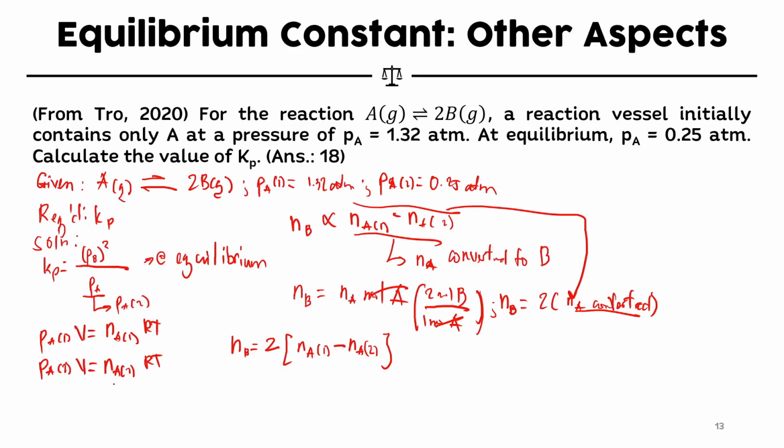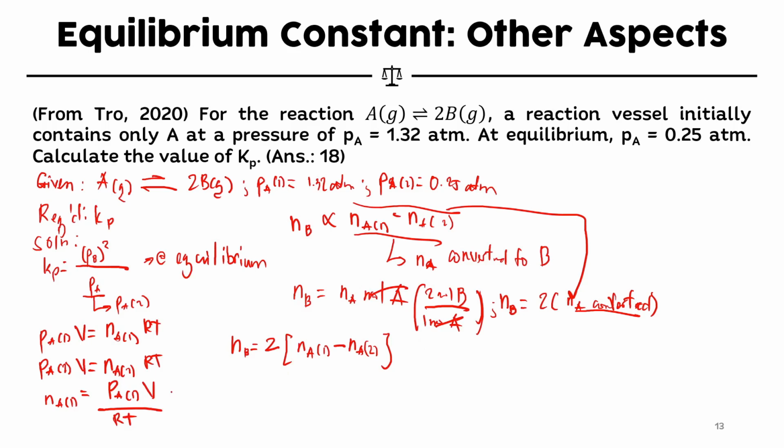Remember that based on the ideal gas equation, we can manipulate this so that only the number of moles is on one side of the equation. So Na, the number of moles of A initially, is equal to Pa1 times V divided by RT.